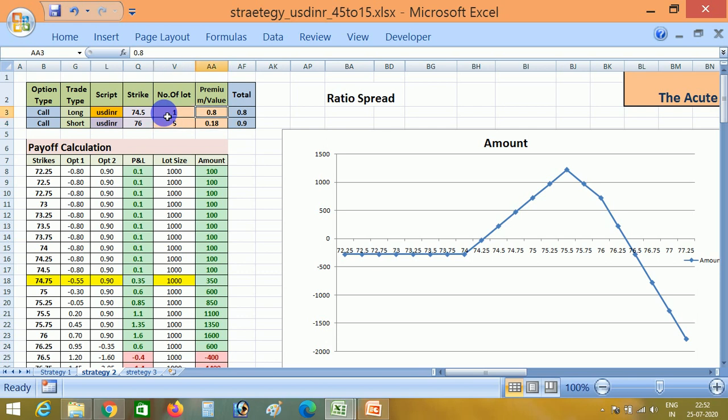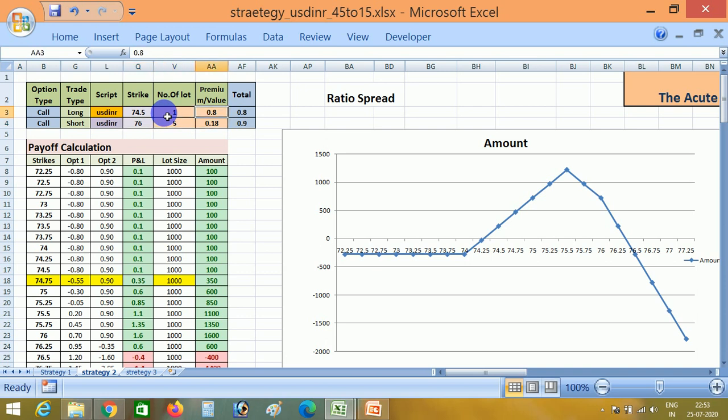Like I paid 80 paisa here, and I'm going to short the 76 strike 5 lots, gaining 18 paisa each, somewhere around 90 paisa I am collecting from the market. I'm paying 80 paisa. So this is the strategy, these are the values we use, this is the selection of strikes we are going to do.